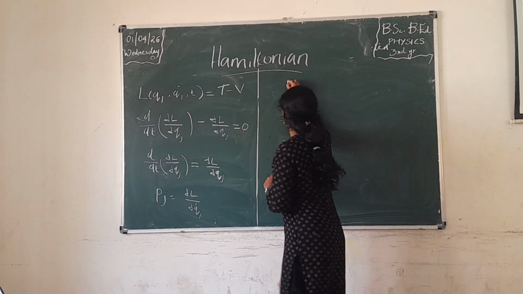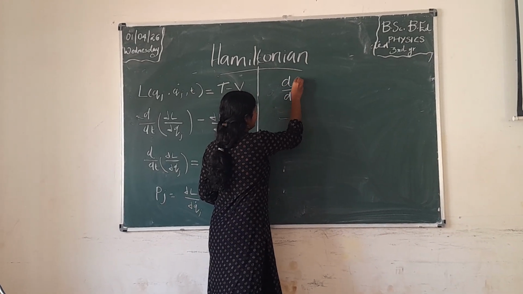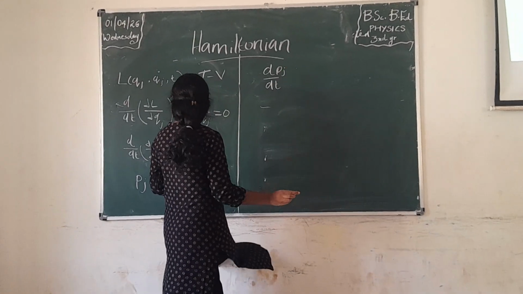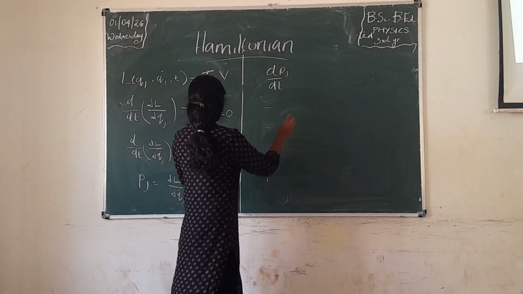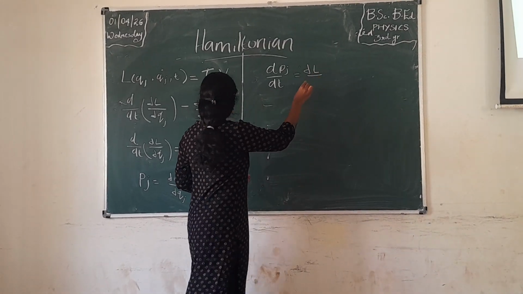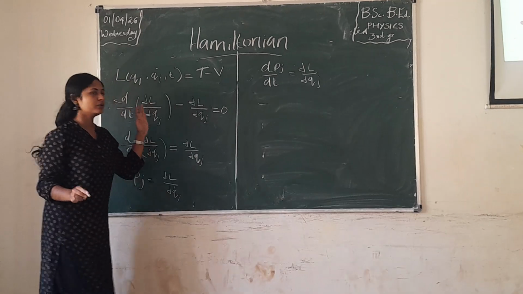So d by dt of Pj is equal to dou L by dou qj. Up to now you understand?